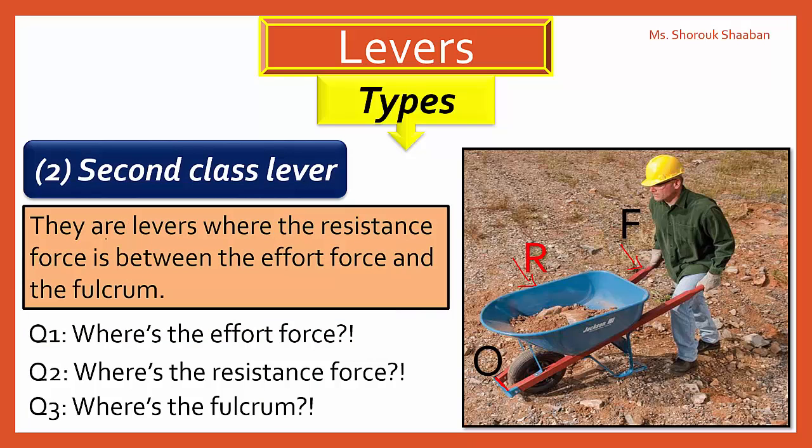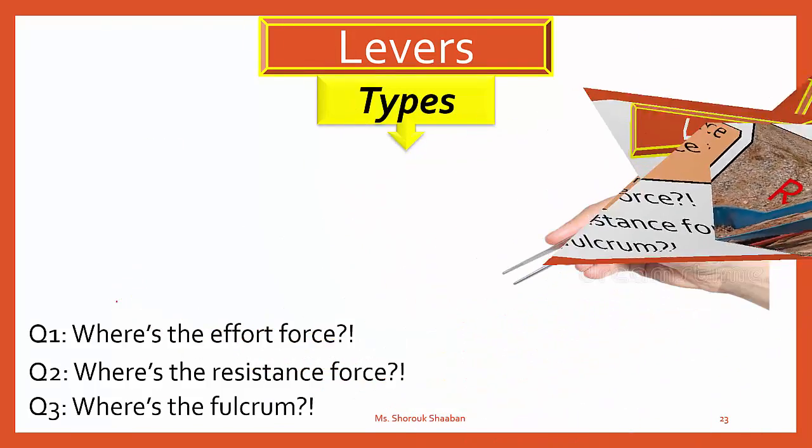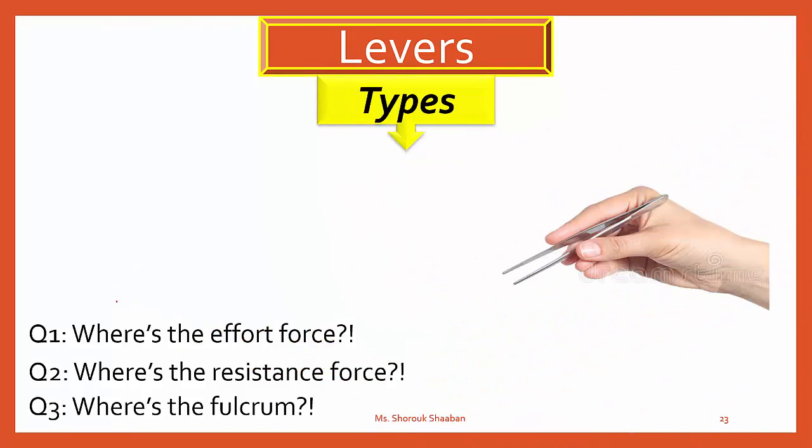Let's read the definition. They are levers where the resistance force is between the effort and the fulcrum. So again, the first class lever, fulcrum is between. Second class lever, resistance is between. Third class lever, let's see. Where is the effort force?